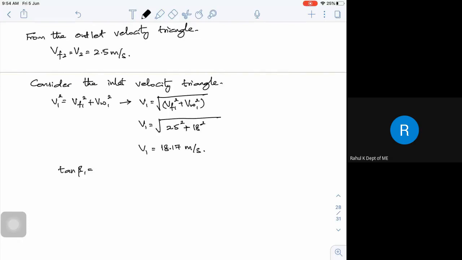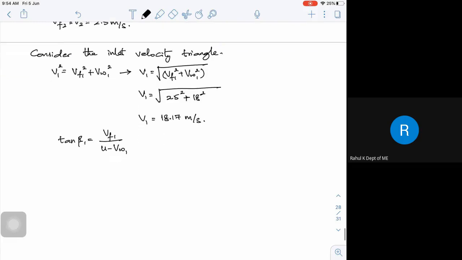Now, looking at the same inlet velocity triangle, what is my tan beta 1? Tan beta 1 is equal to your opposite side divided by your adjacent, that is u minus Vw1. Everything I know, the only thing is I need to calculate my beta 1. So beta 1 is equal to tan inverse of Vf1, which is 2.5, over u, which is 25, minus 18.